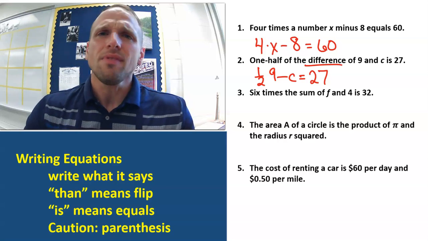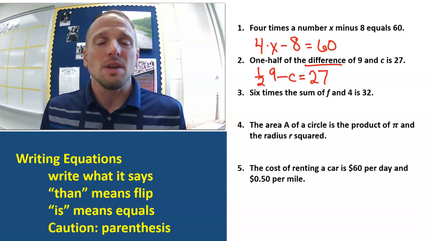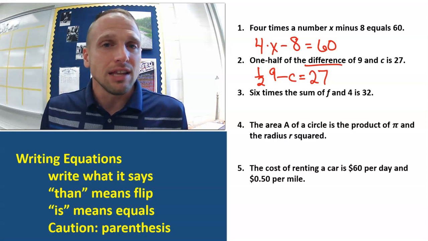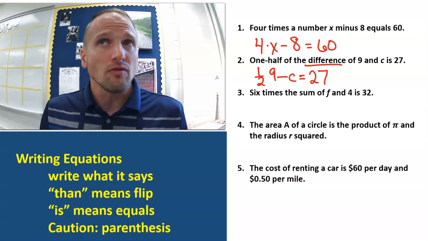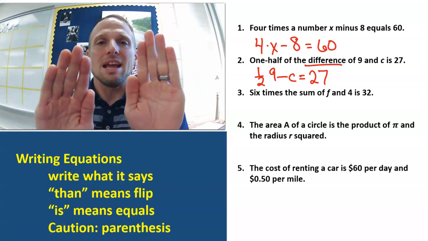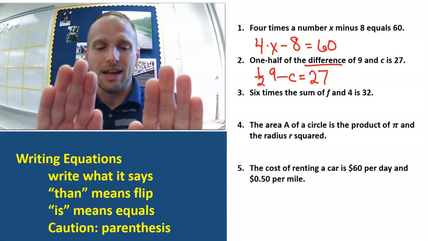Now, maybe you're going to understand this, maybe you won't, but here's what makes sense to me. I see 1/2 times a difference, so times, subtract. 1/2 of means times, and difference means subtract. So I see, right next to each other, a times and a subtract.